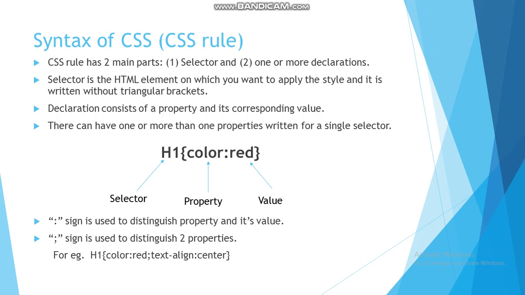For example, h1 color colon red, that is first property and value, then semicolon is given, and then text-align colon center. So here text-align is the name of property and center is its value. So if you want to separate two properties, then you have to give semicolon sign, and if you want to separate property and its value, colon sign.